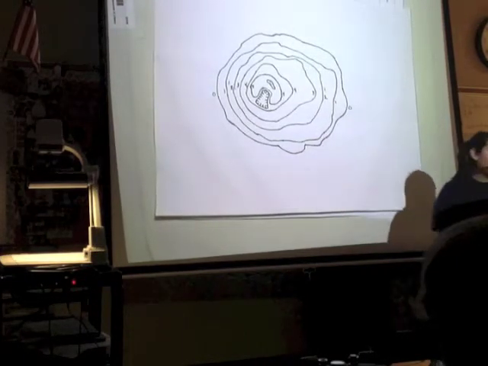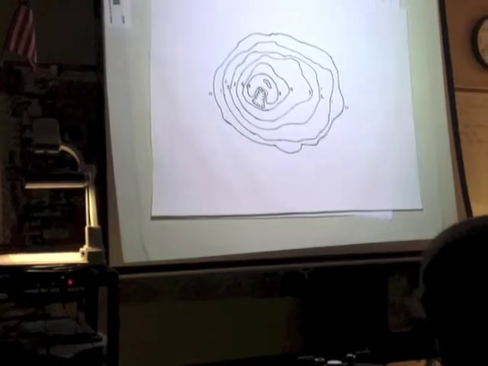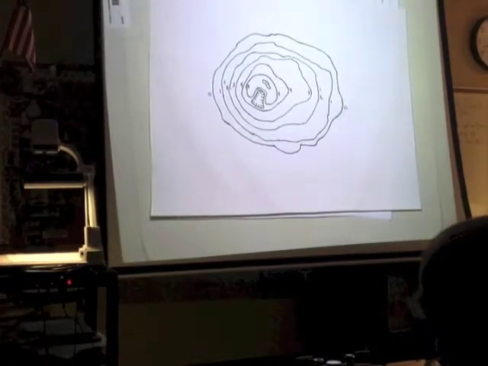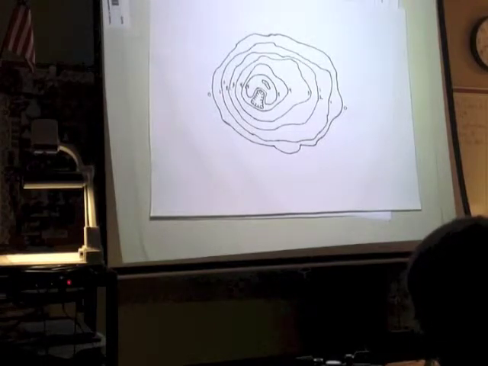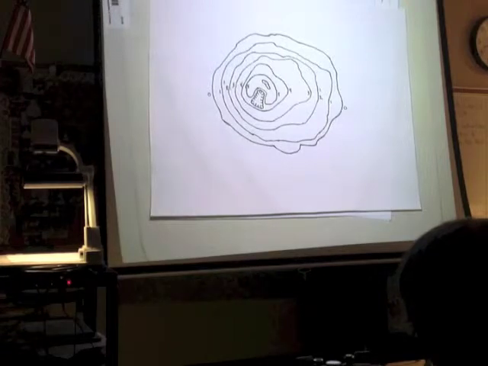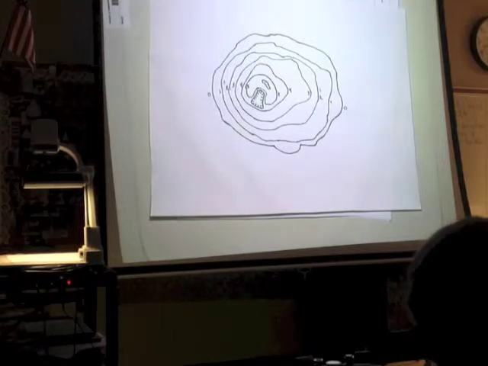So, if this is a volcano and it's an island, what type of plate boundaries can make this? Two oceanic plates.